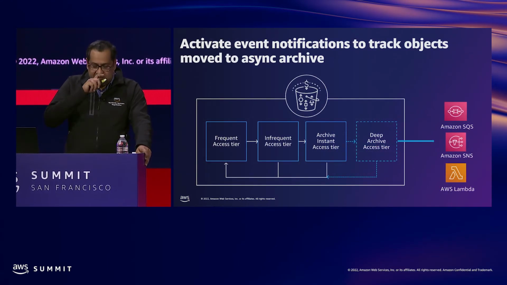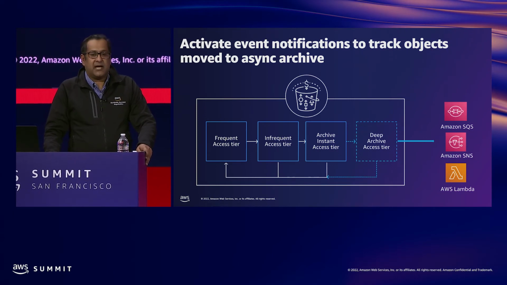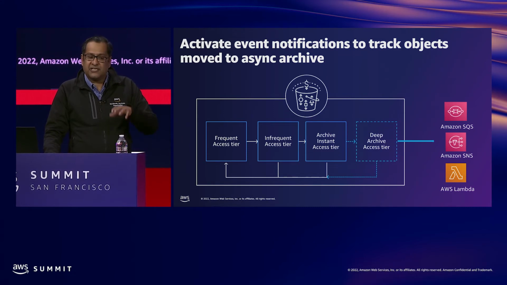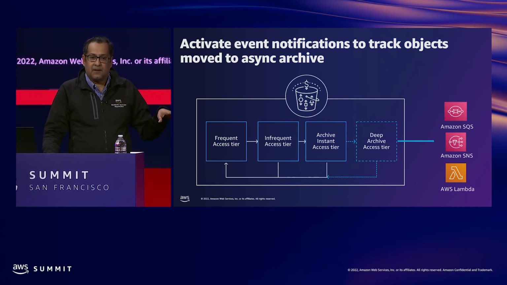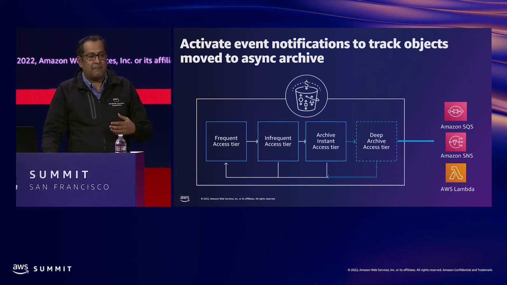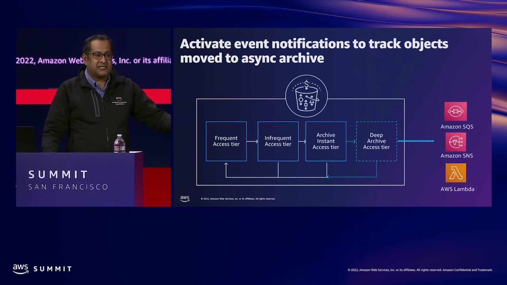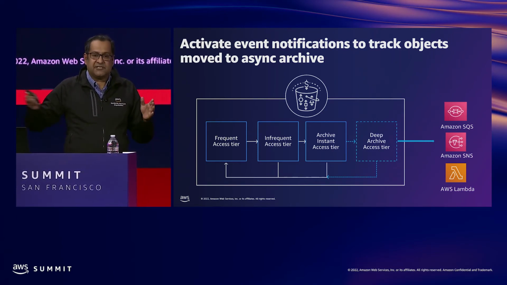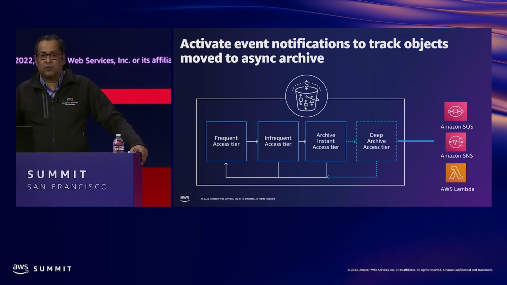The last thing we did, very recently at re:Invent, is that we also implemented what we're calling event notifications for the objects that move into the async tier. There are many use cases in media and entertainment, for example, where a MAM manages the data, and the MAM needs to know if the data is available synchronously or asynchronously. Previously, we would tier it down and there was no notification.